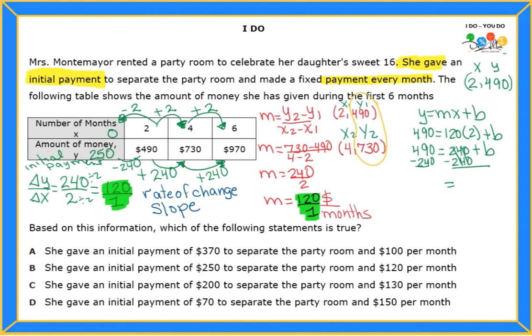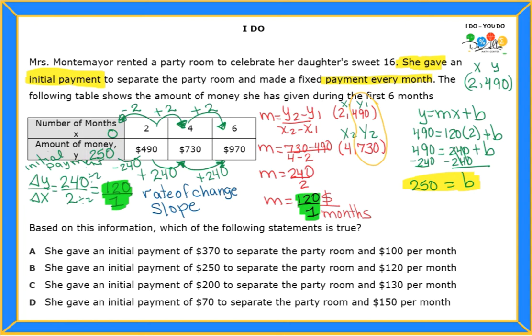And the 240 will cancel each other. And 490 minus 240 gives me 250. So what does the 250 represent? 250 is the initial payment. Exactly. That's how much money Mrs. Montemayor is going to give them to save the party room.